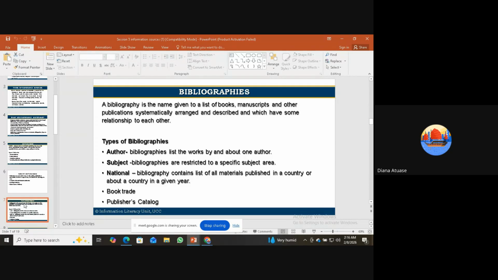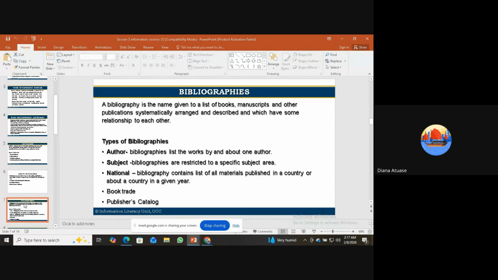Then we have types of bibliographies. We have the author bibliography, a list of publications or work that is done by a particular author. Then we have the subject bibliography, which is restricted to specific subject areas.